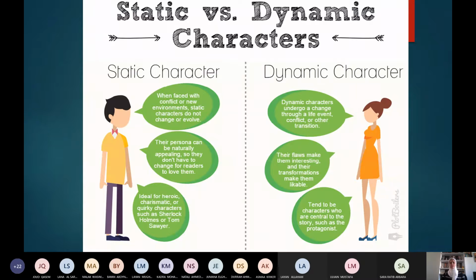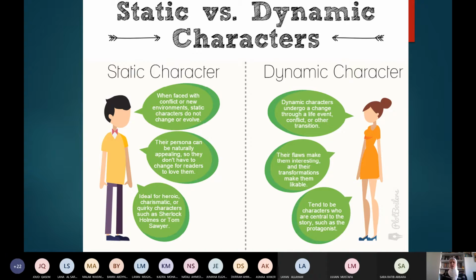The static character's persona, meaning personality, can be naturally appealing, so they do not have to change for readers to love them. They are natural. Ideal for heroic, charismatic or quirky characters such as Sherlock Holmes or Tom Sawyer.